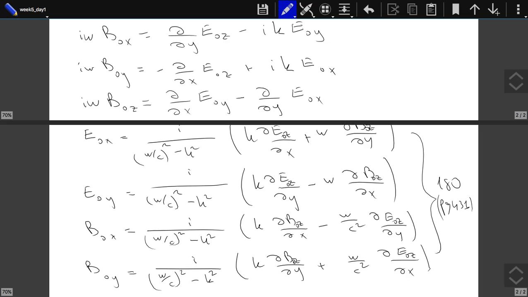So although we started with suspecting that maybe the z components would just be 0, nevertheless, we added those z components. And what we had seen is that the x and y components, we can write them in terms of the z components.